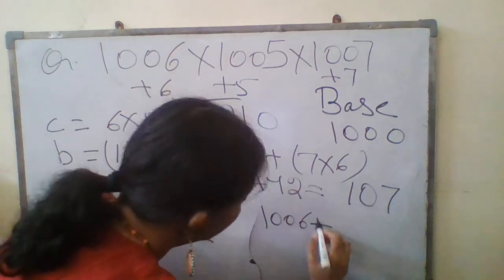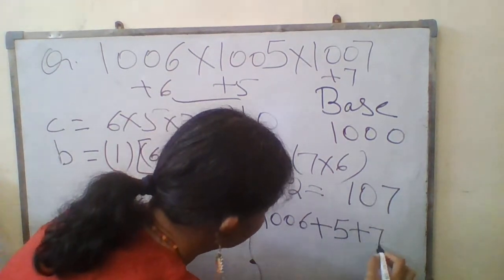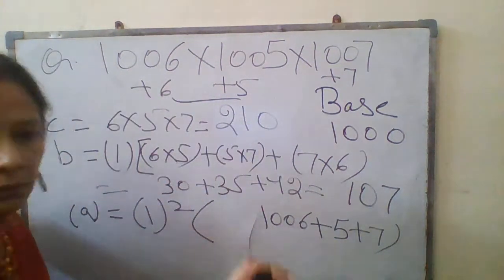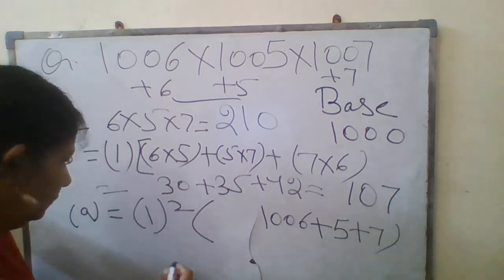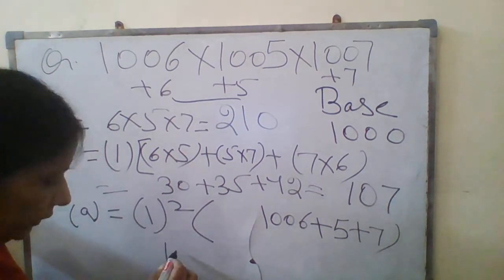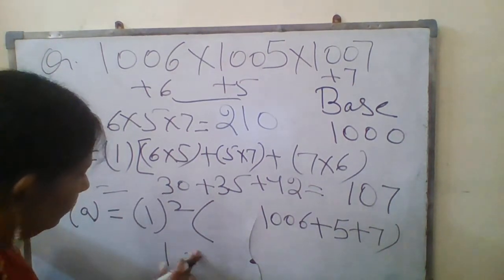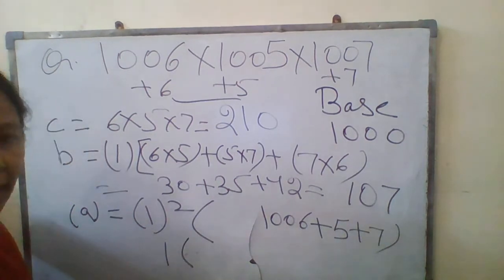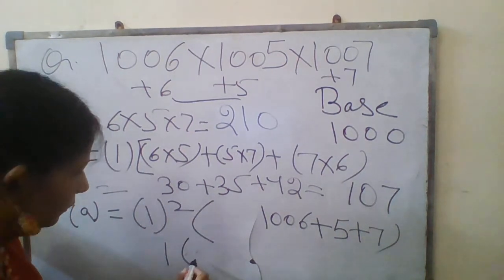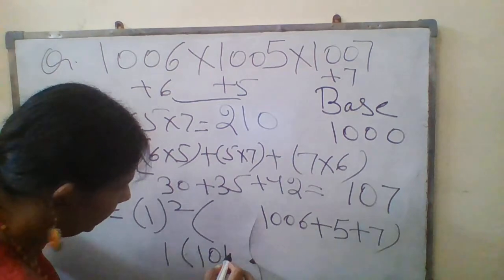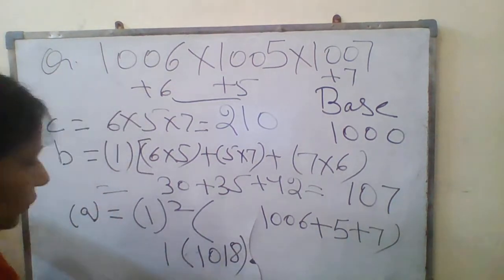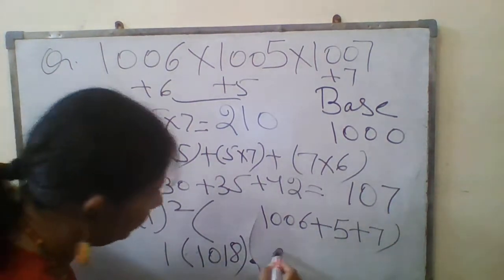So plus 5 and plus 7. So 1 square is 1. Here what will you get? You will write down here 1018.